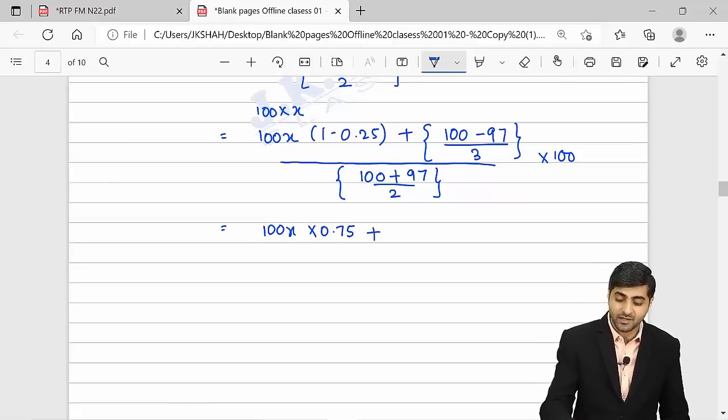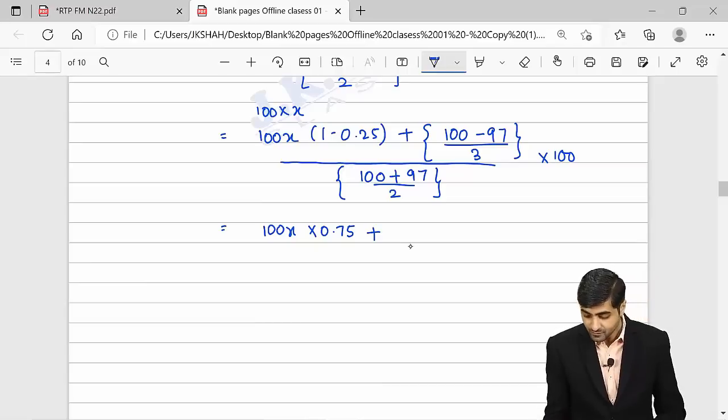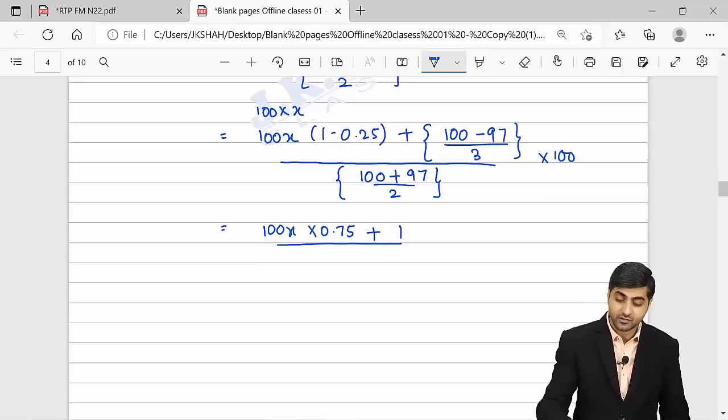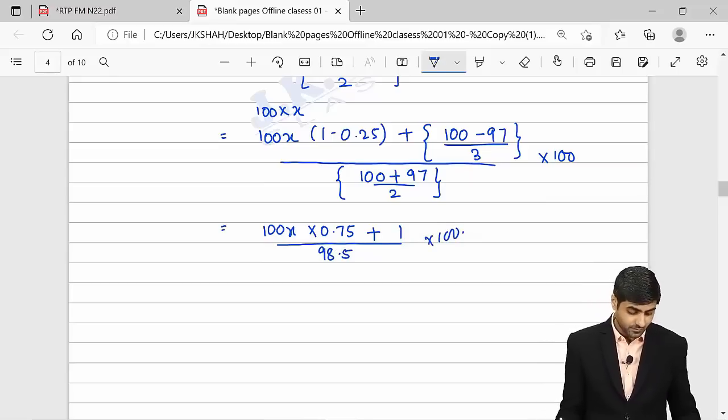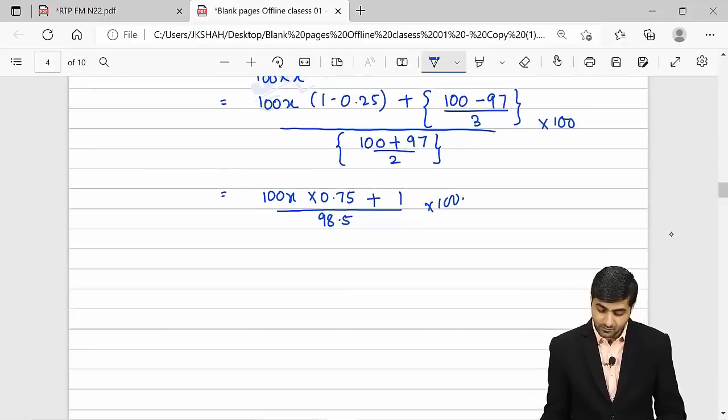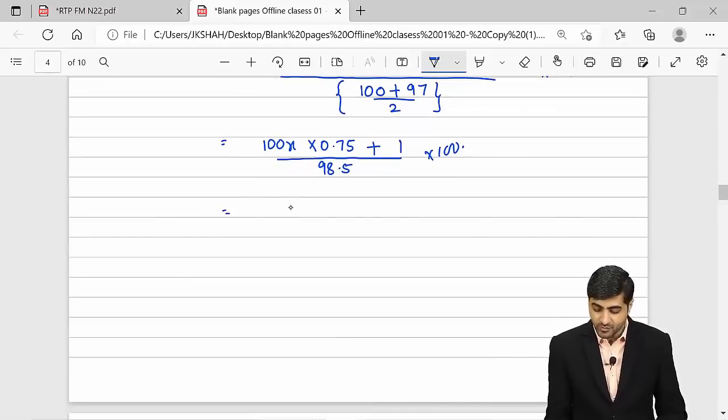So this will be 100 minus 97 divided by 3 upon the average. So this will now be 75x plus 1 upon 98.5.